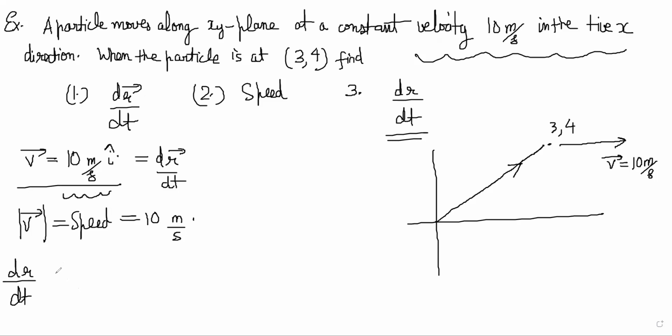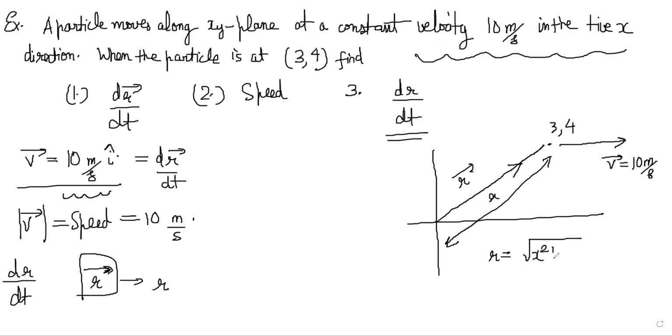So let's think about what happens if you remove the vector sign from the r vector. You get the length of the r vector. This was the r vector, and r is simply this distance, right? So this distance r at an arbitrary point x comma y would be root x square plus y square by Pythagoras theorem.